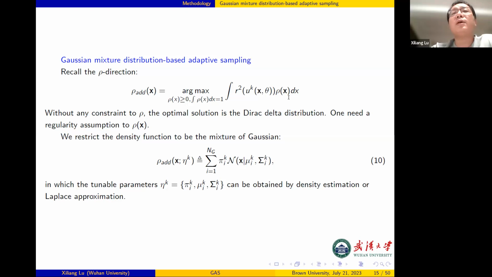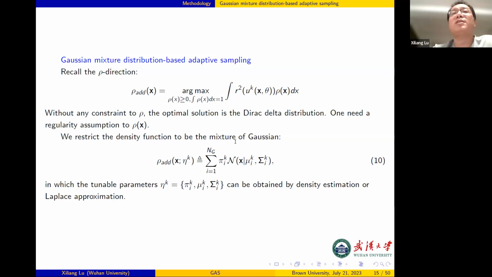So to make the whole thing workable, one needs a regularity assumption for rho. This is very artificial; everyone can use their own assumptions. In our work, we restrict our regularity assumption as follows: we assume this density function is nothing but a Gaussian mixture. We choose the Gaussian mixture for several reasons.